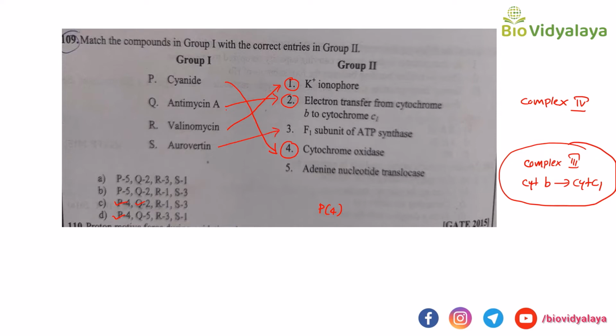So this is S3, F1 subunit of ATP synthase. P4, Q2, R1 and S3. So the correct answer is option C, P4, Q2, R1, S3.